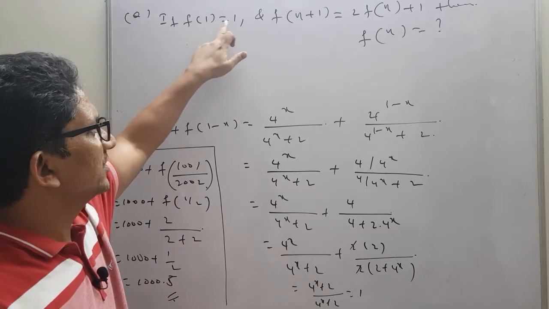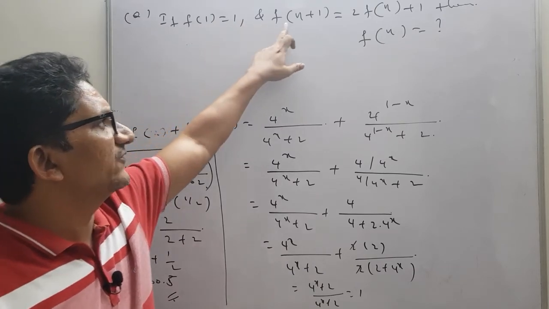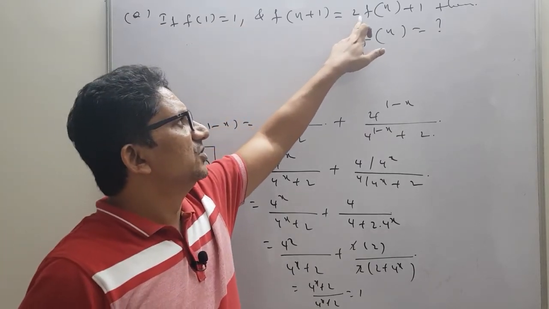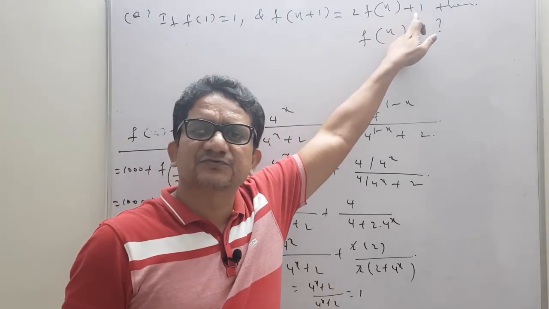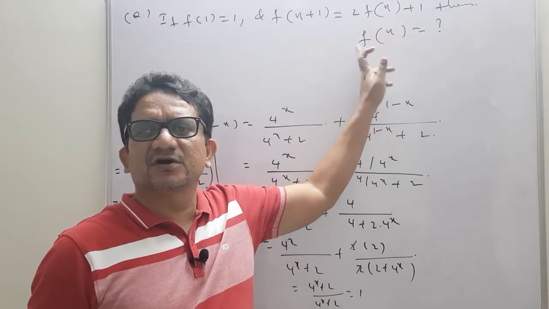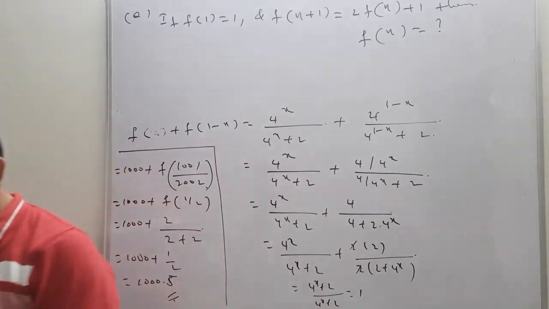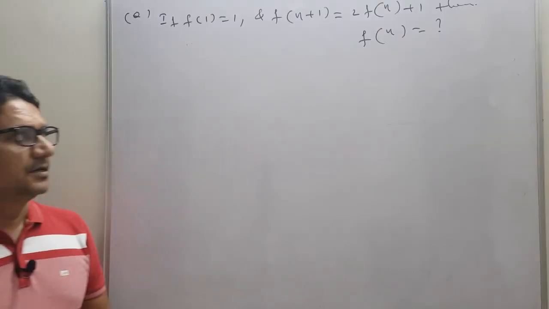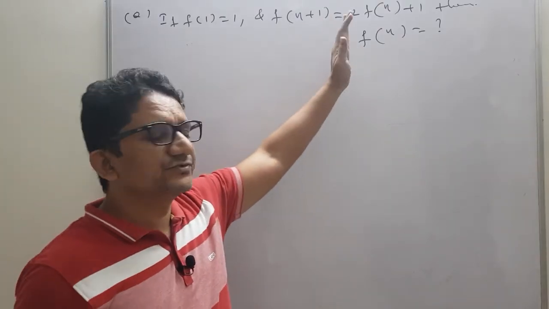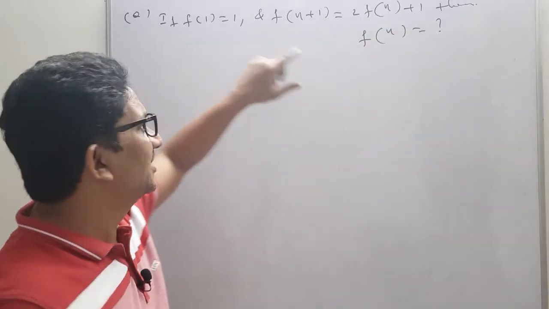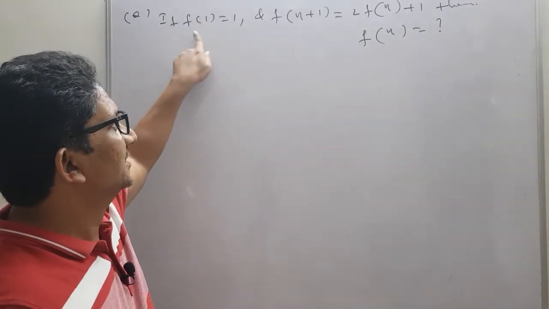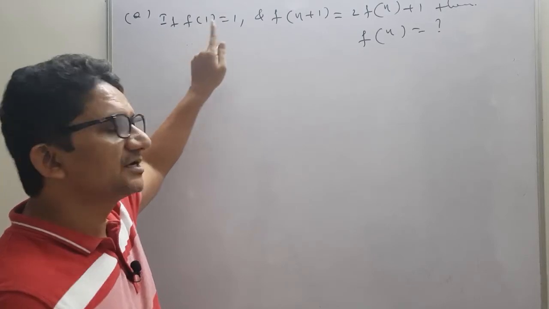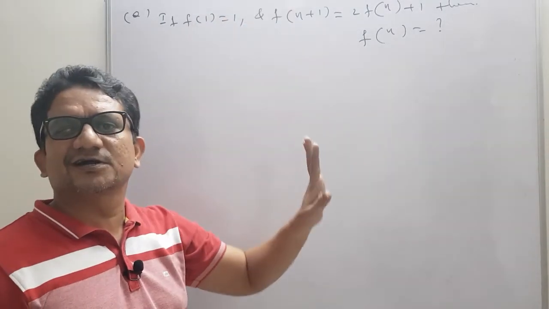If f of 1 equals 1 and f of n plus 1 equals 2 times f of n plus 1, then find the value of f of n. To solve this question, we need to analyze the data. Whenever such a hint is given, we attempt to substitute values and check what happens.